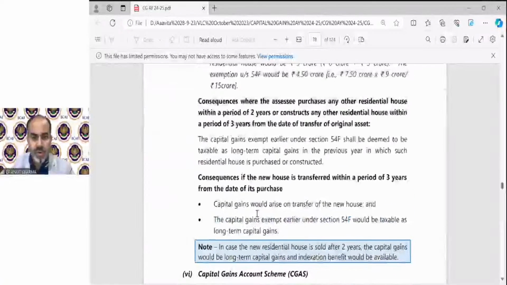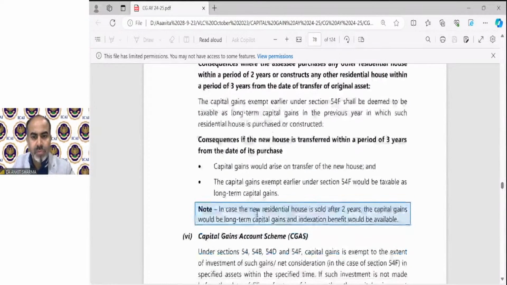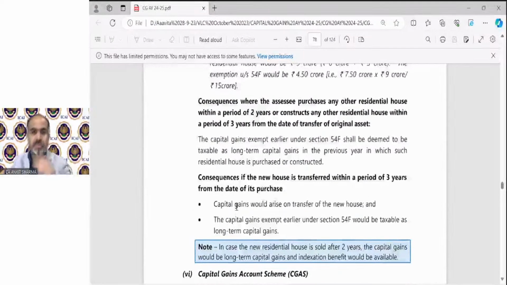Which consequences are you talking about? Consequences where the assessee purchases any other residential house within a period of 2 years or constructs any house within 3 years. The capital gain exempt earlier under section 54F shall be deemed to be taxable, exactly what we have discussed.